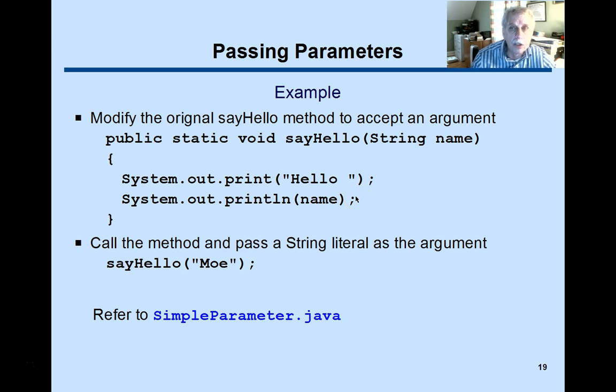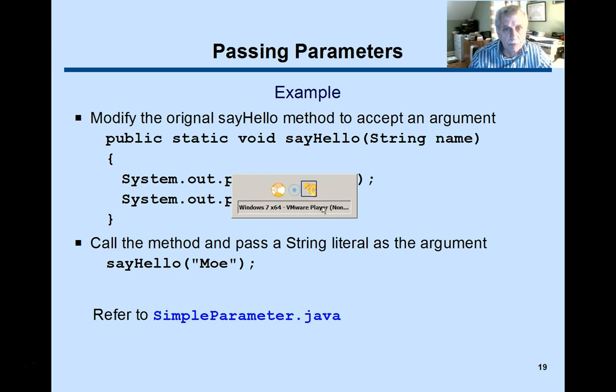And that will be a connection to the actual object. So here the object is a literal string of mo, and we're passing that, but technically we're not passing the string, we're passing a reference to the string, following that reference, and obtaining the value of mo. Let's take a look at this guy in action.